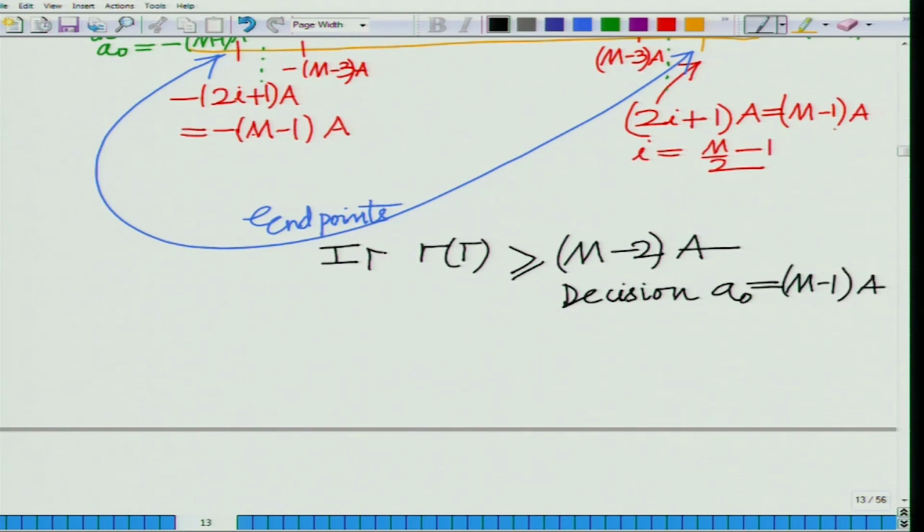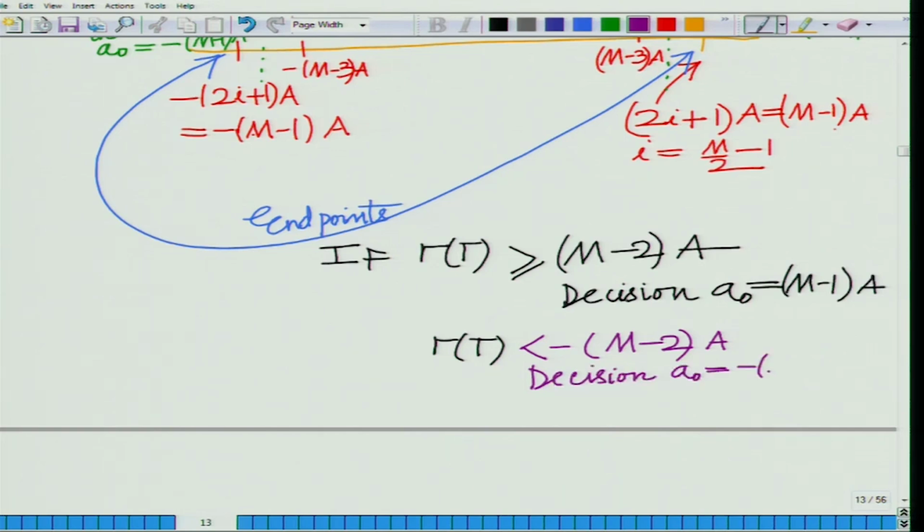And similarly, if R_t is less than −(M−2)a, then the decision is a_0 equals −(M−1)a.